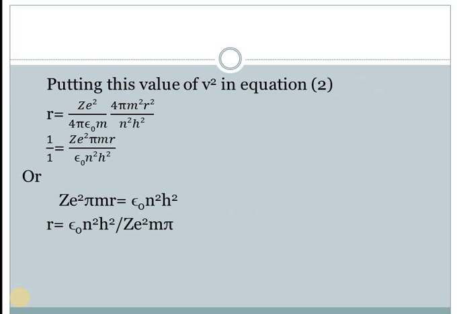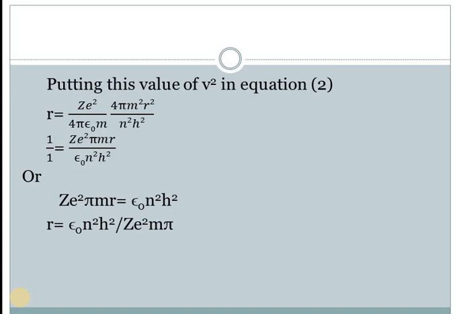So r becomes equal to Ze square by 4 pi epsilon naught m, and v square we have just put over there, that is 4 pi square... m square r square by n square h square. Or simply, as r and r are present over there, we can take it as 1 is equal to Ze square pi m r by epsilon naught n square h square.